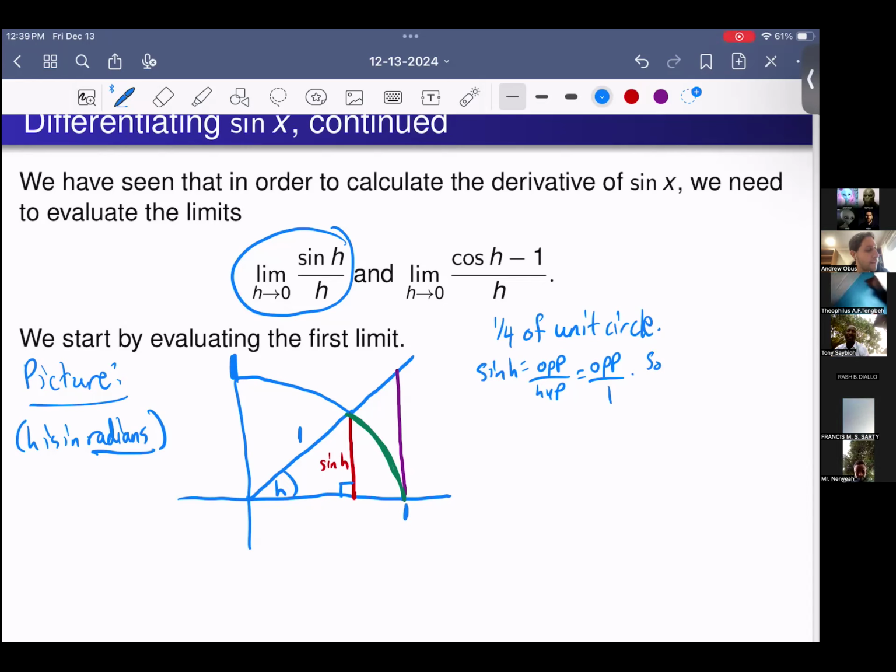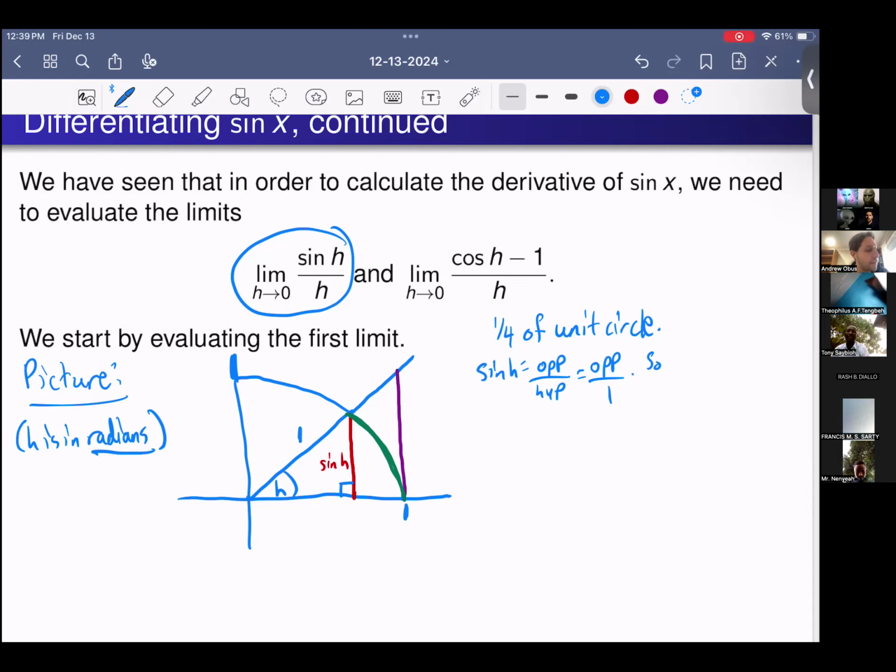And this thing here is stuck in the middle, which means that it also goes to 1. You can say that it's squeezed between the other two. If this thing is between these two, and the top one goes to 1, and the bottom one also goes to 1, then the thing in the middle also has to go to 1. So what we get as a final result is that the limit as h goes to 0 of sine of h over h is equal to 1.